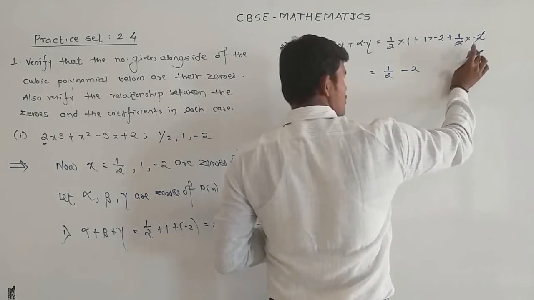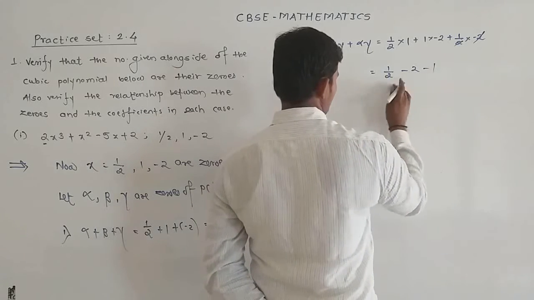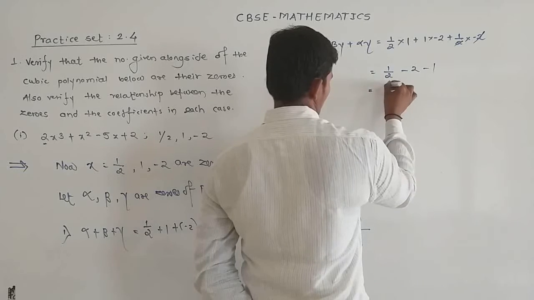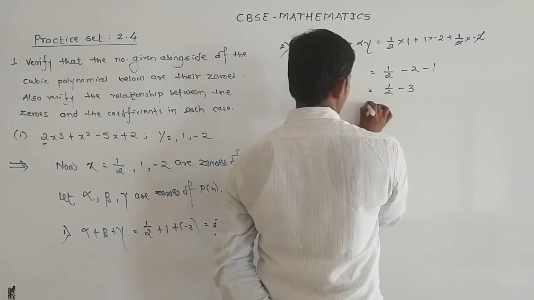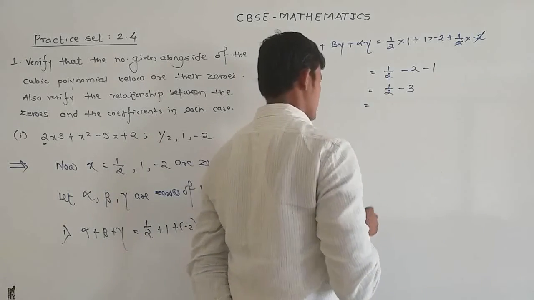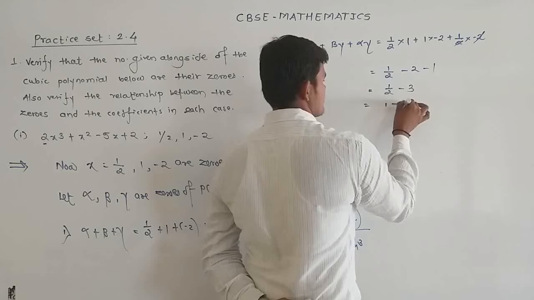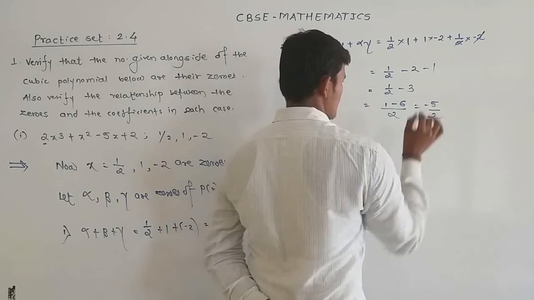Plus 2, 2 get cancelled, so we get minus 1. So here 1 by 2 into minus 2 minus 1. So 1 by 2 into minus 3. So finally we get its value as 1 by 2 into minus 3, so minus 3 by 2.